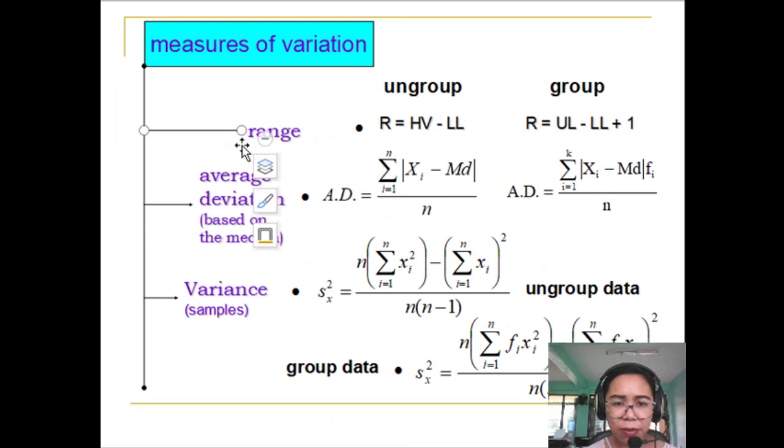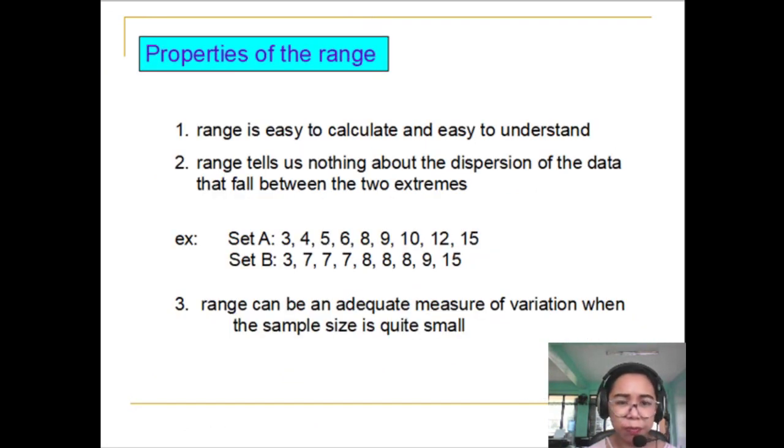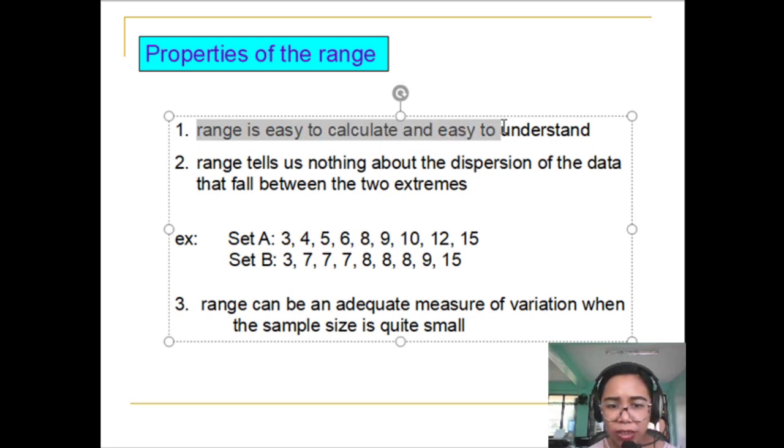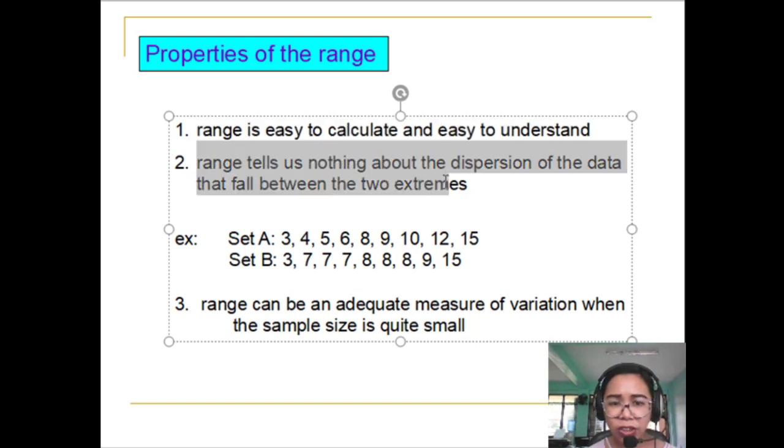This time, we will discuss first the range as a measure of variation. Let's talk about the properties of the range. First, range is easy to calculate and easy to understand. Second, range tells us nothing about the dispersion of the data that fall between the two extreme values. Say for example, we have two sets.